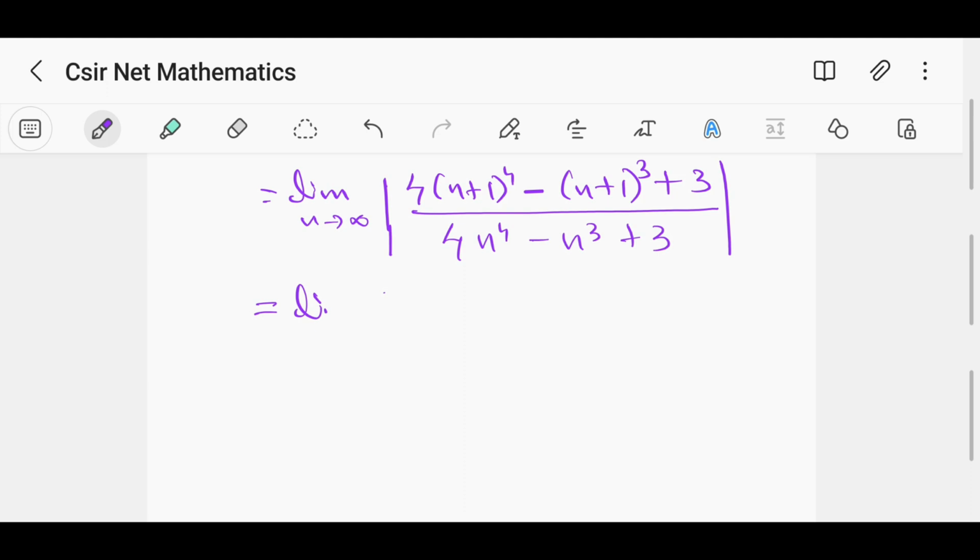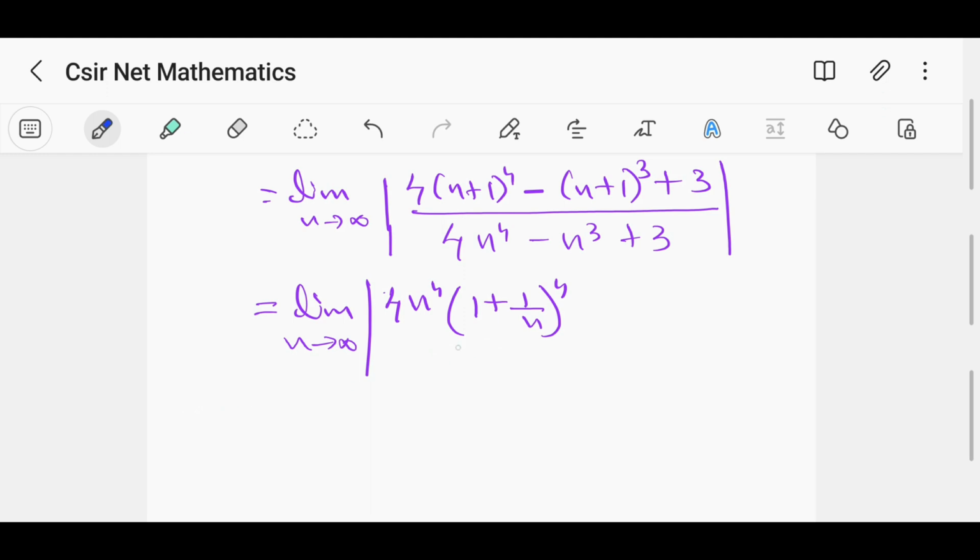Now this implies the limit as n tends to infinity of modulus of, so here 4 into (n+1) whole to the power 4 can be written as 4 times n^4 into (1 + 1/n)^4.